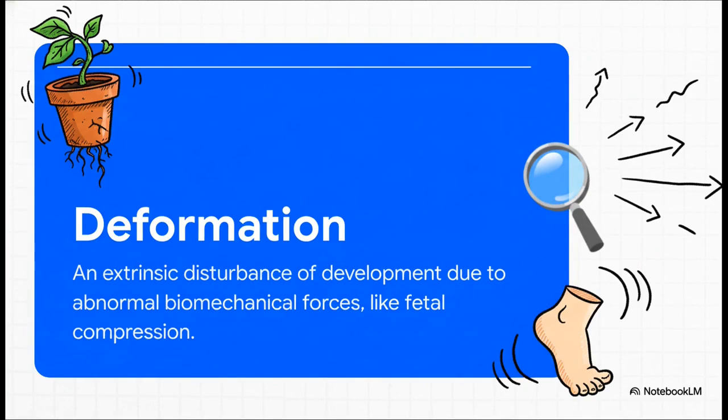And our third one is deformation. This is also an extrinsic problem, but it's not a violent wrecking ball. It's more like a slow, constant pressure. Imagine a small plant trying to grow in a pot that is just too tiny for it. Its shape will get distorted, right? In the same way, if there isn't enough space in the uterus, the compression can apply mechanical forces that alter the shape of a perfectly normal developing part. This is a common cause of things like club foot.